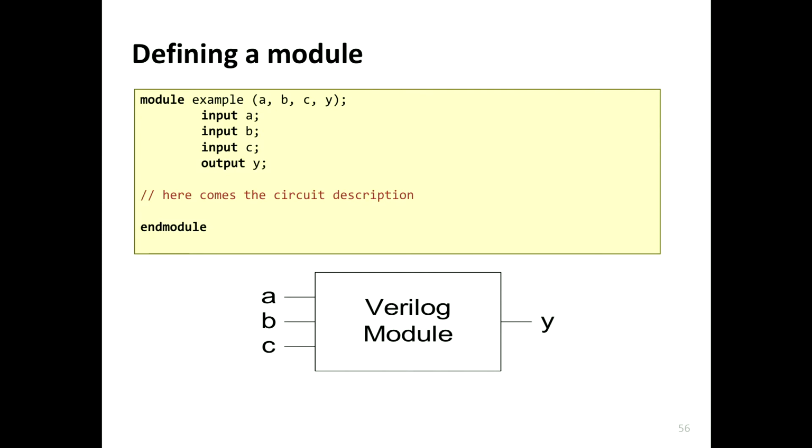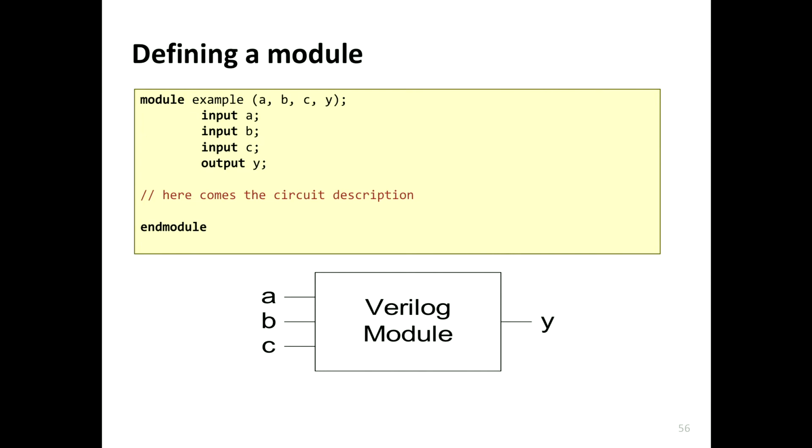When you define a module, this is the main building block when you start writing Verilog. You write module, and all the keywords that you cannot change are in bold here, and everything else is up to you. You can even say ha ha hoo hoo boo boo, it doesn't matter. But the ones in bold are keywords you cannot change.